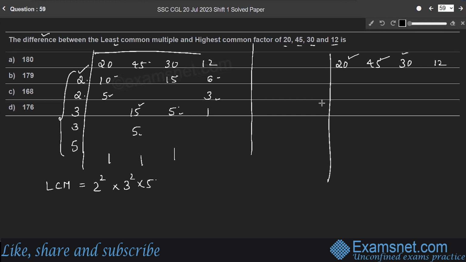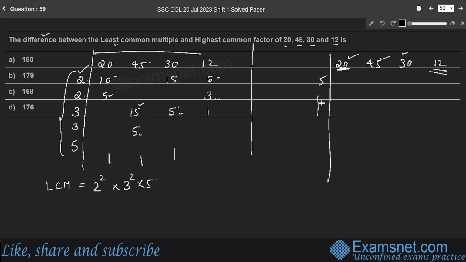Therefore check with the divisibility by 3. Here 20 is not divisible by 3, so you should not take 3 also. Since 45 is not divisible by 4 also, we cannot take 4 as the factor. So check with 5. Since 20, 45, 30 are divisible by 5, but 12 is not divisible by 5.